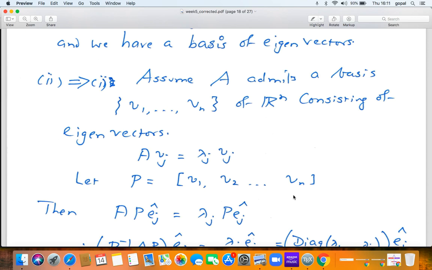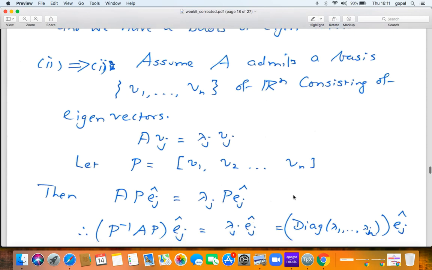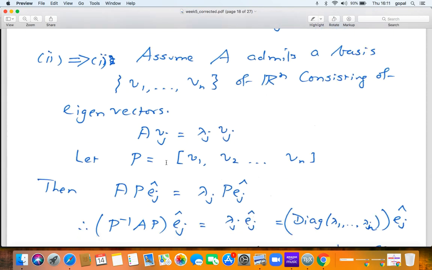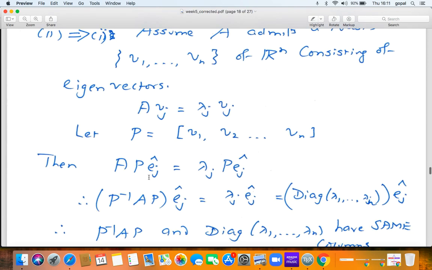Now let us calculate APej. APej will be A applied to the jth column of P. The jth column of P is exactly vj, correct? And that is going to be exactly lambda j vj. That is exactly going to be lambda j times Pej. So we have checked this equation: APej cap equal to lambda j Pej cap.